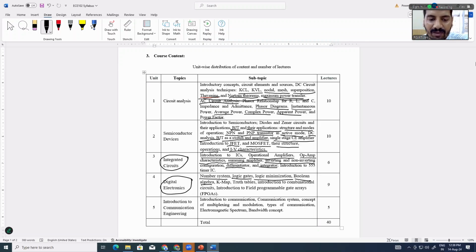Okay, thank you. So after the number system, you have to study logic gates. Apart from the basic three logic gates, NOT, AND, OR, you also have to study some exclusive gates, that is exclusive OR gate and exclusive NOR gate, XOR, XNOR. And NAND gate and NOR gate.